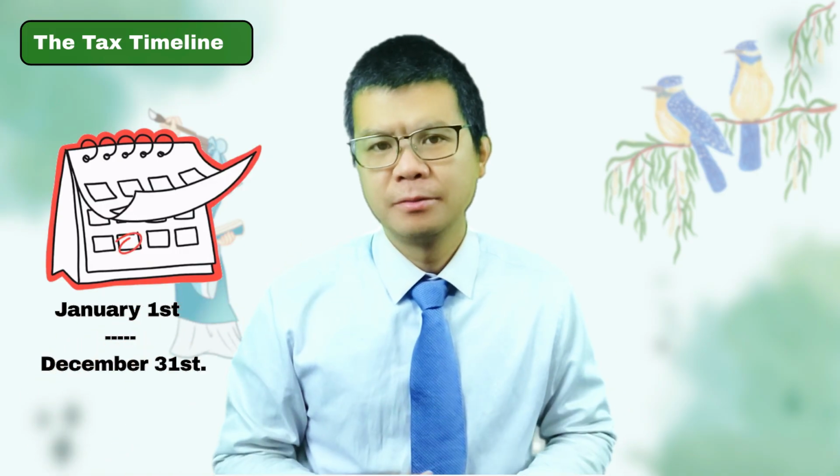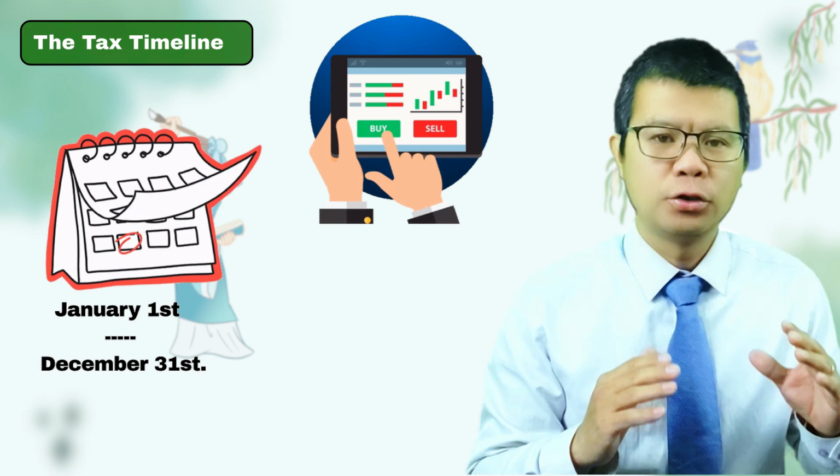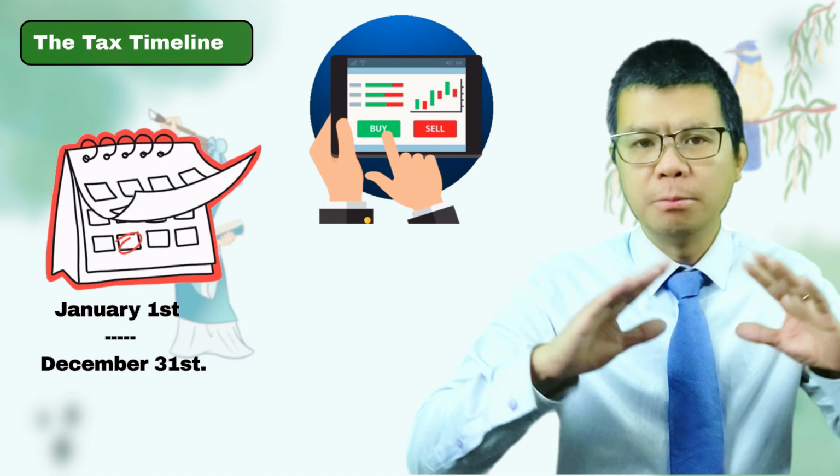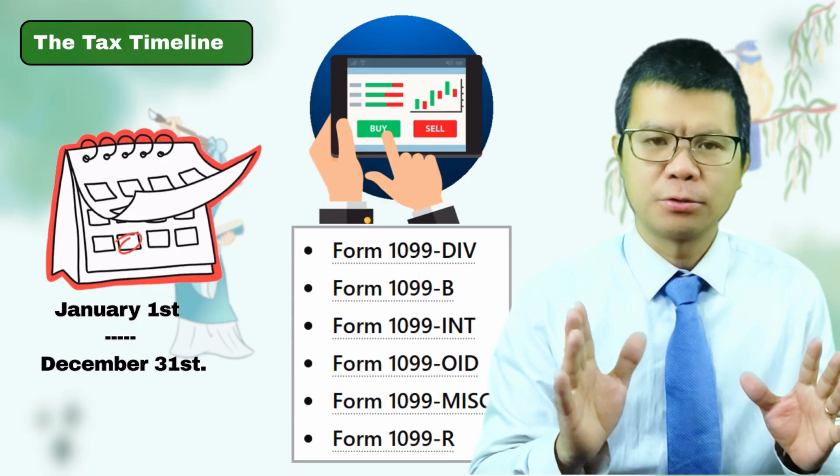Now let's anchor everything to time, because understanding the calendar is the first step to making sense of stock market taxes. Taxes are based on the calendar year, January 1st through December 31st. During that time, your brokerage account tracks everything you do, every trade, every dividend, every bit of interest. After the year ends, your broker needs a little time to compile all that information in the forms you will need for your tax return.